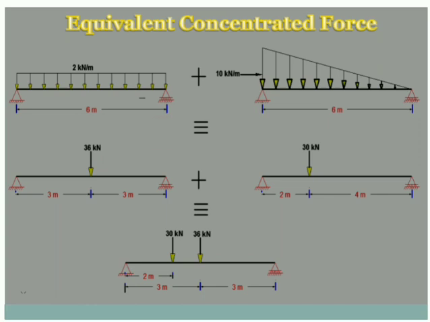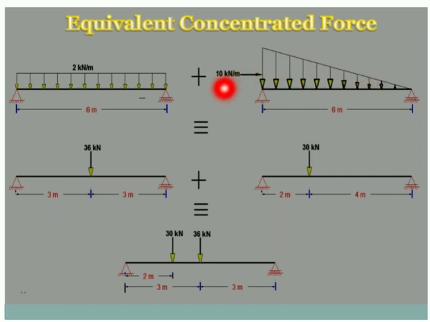At the center, because this is a UDL. In case of UDL, it's a rectangular shape. So for a rectangle, where will be the CG? Half of the span. So 36 kilonewton will represent the 2 kilonewton per meter UDL, which acts at the center of the beam.